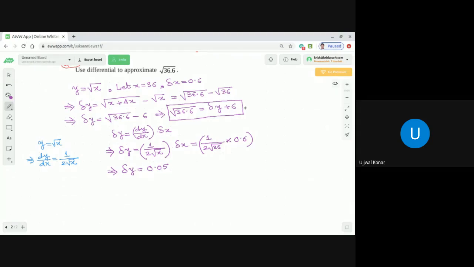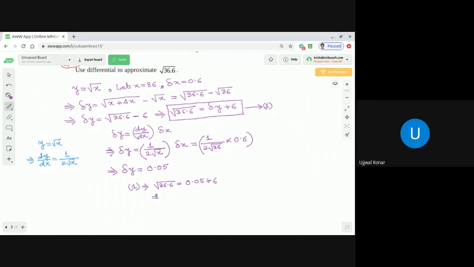And in this equation, if you see, dear students, square root of 36.6 is equal to delta y plus 6. So from equation 1, what we are going to get is that square root of 36.6 is equal to delta y, that is 0.05, plus 6.